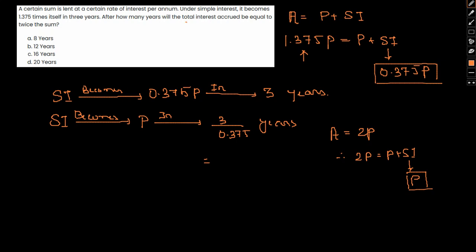Simple interest will have to be twice P. Sorry, my bad. Total interest accrued will become twice the sum, so 2 into this much, this has to be twice P. So if we calculate the same, this comes out to be 16 years. That is, option C is the correct answer.